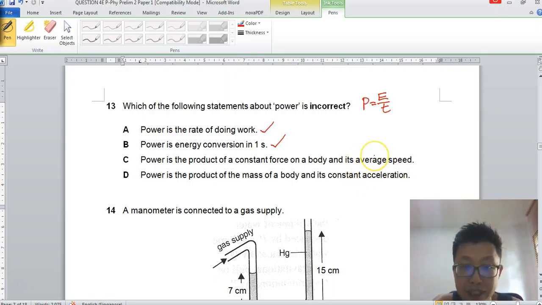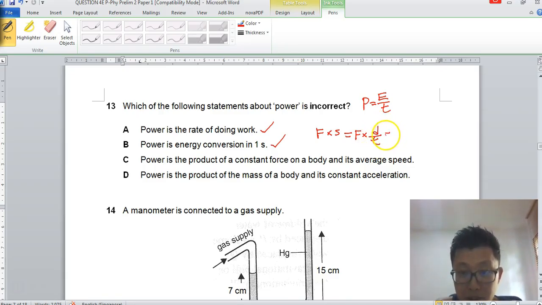Now the problem is with C. Now they say that it's a product of constant force and its average speed. So force is given by this, and speed is given by this. Now, if we simplify this expression, force is still force, but speed is given by distance over time.